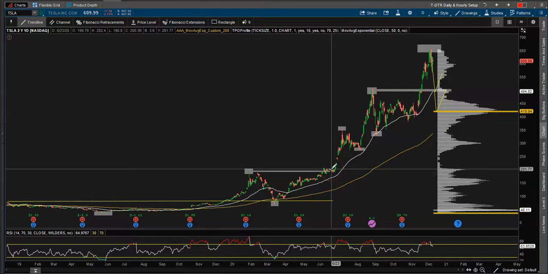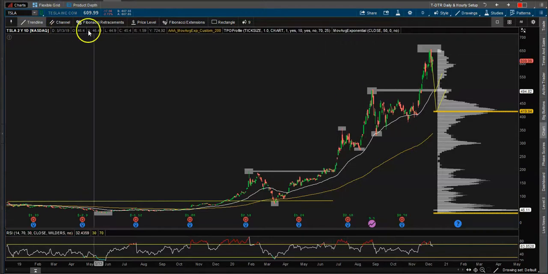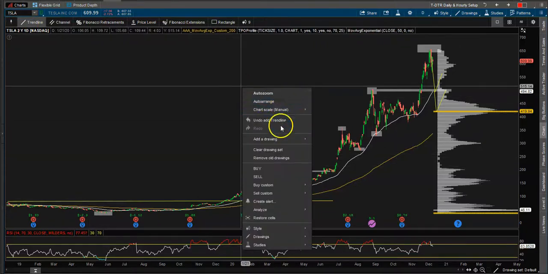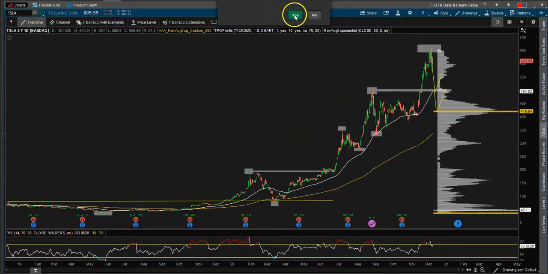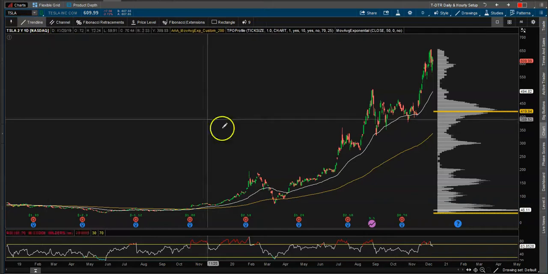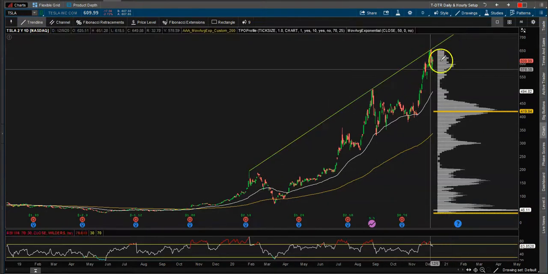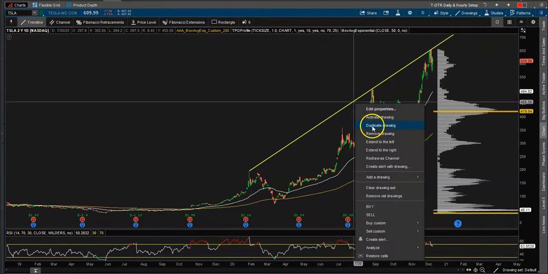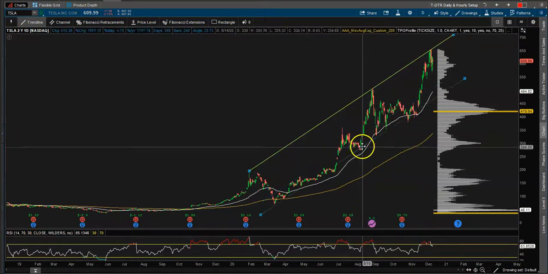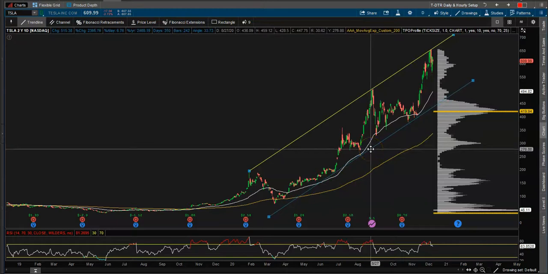Now, this is a daily chart. You could use any time frame if you want. Use a 1 minute chart, anything like that, you can. And then the last thing I would say is let's clear all these up, and let's start drawing trend lines. All I'll do is connect all the trend lines, right click, duplicate, and then I'll just look for where is the low that everything lines up with.